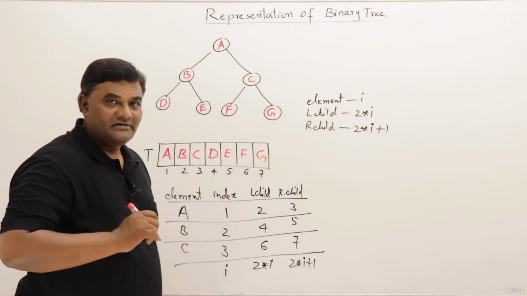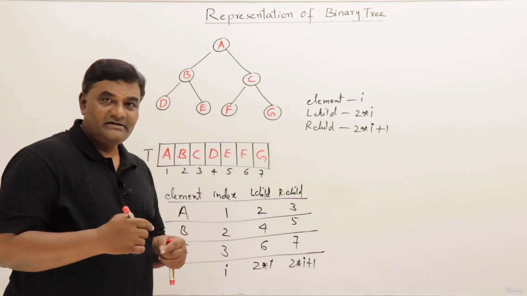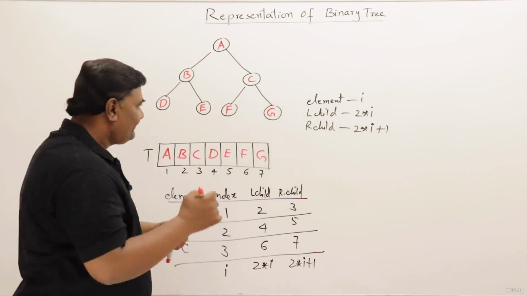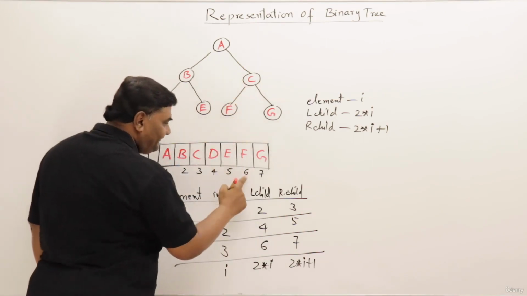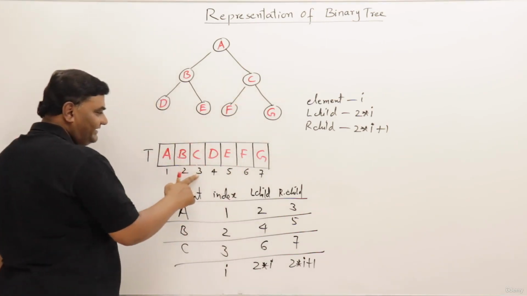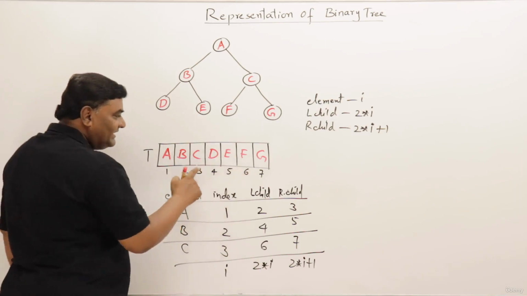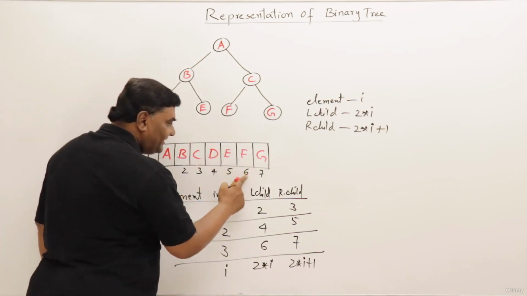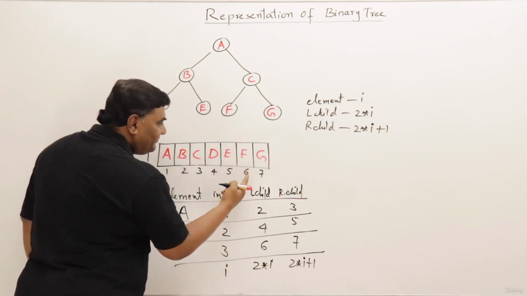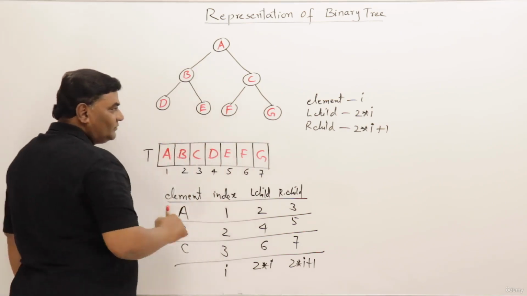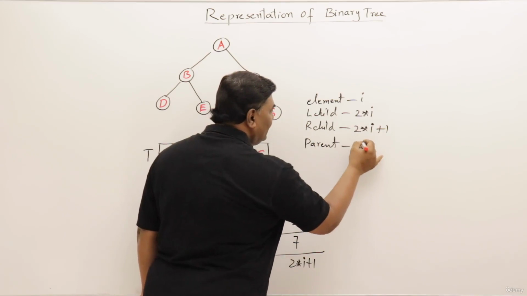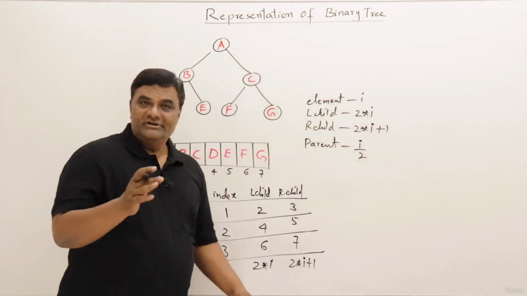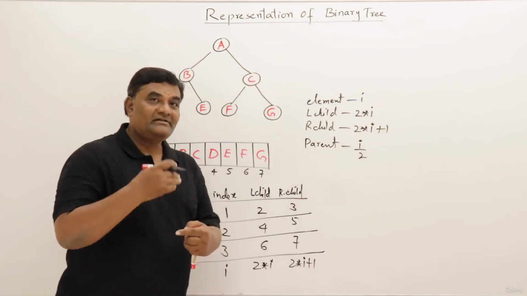Now one more thing. If I take any element, then where is its parent? Like for example, F. Who is the parent of F? C. So F is at 6, C is at 3. So the left child we are getting by multiplying by 2. So the parent we will get by dividing by 2. So the parent of any node will be at i by 2. When you divide any number by 2, you may get a decimal result.